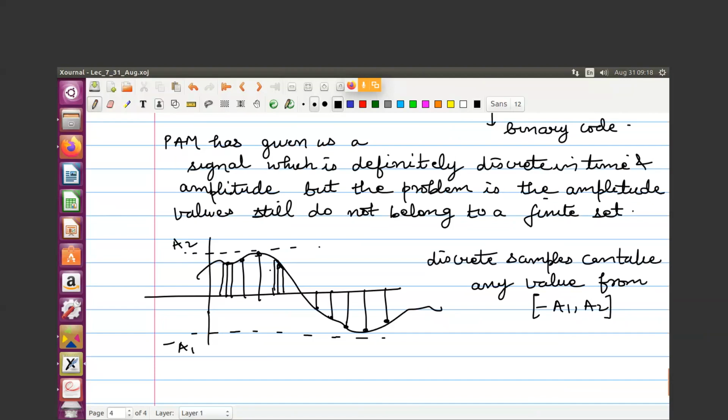That is the problem, that even after sampling and getting a discrete valued signal, we are having any sort of number between minus a1 and a2. You can say that any real number in this interval, right? Any real number from the above interval.